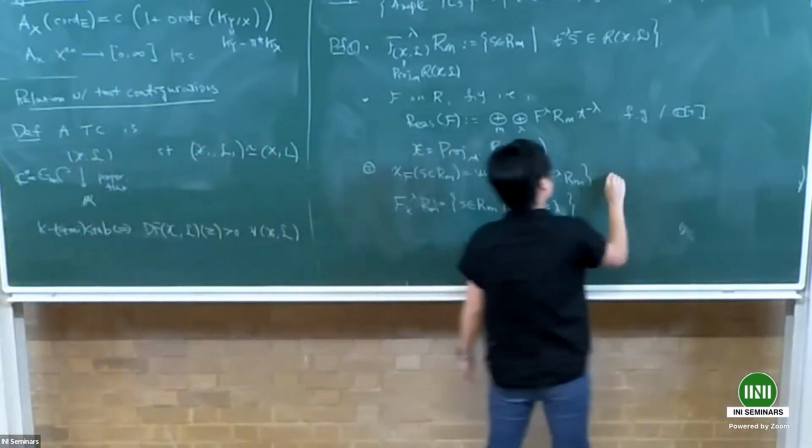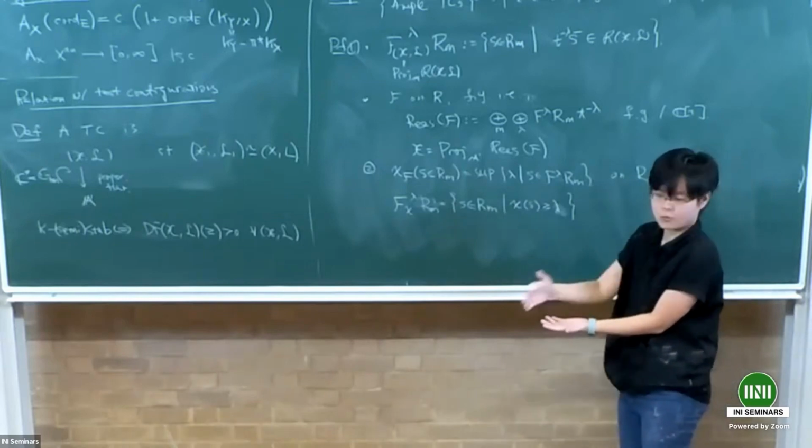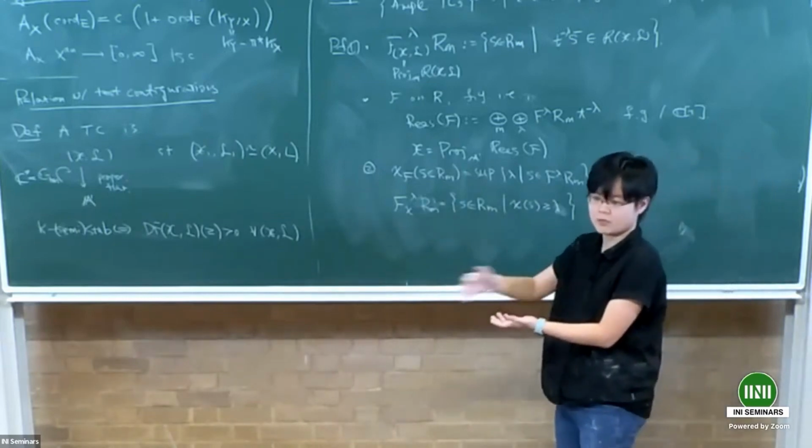Right, this is on. If you have a sum of different graded pieces, it's the minimum of each of them.